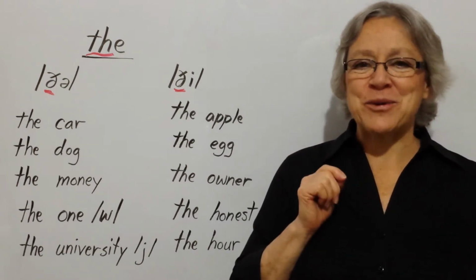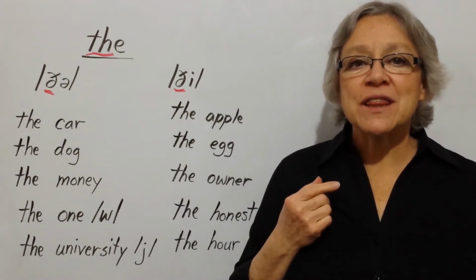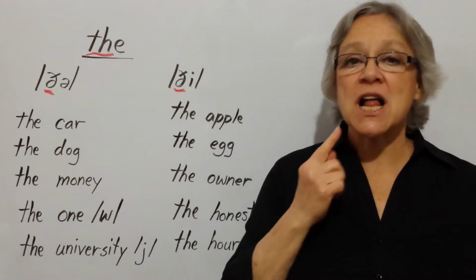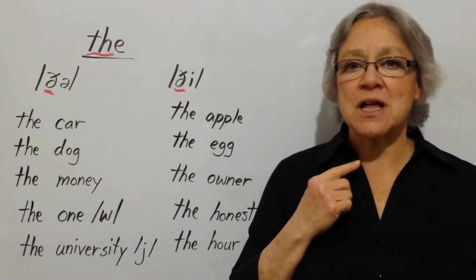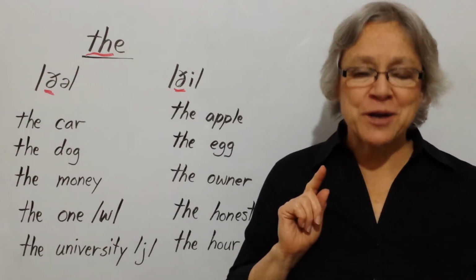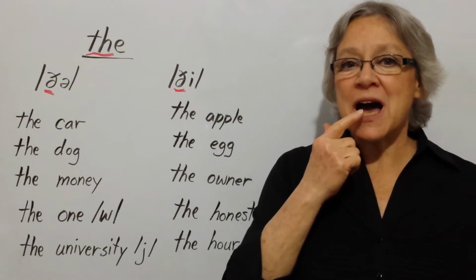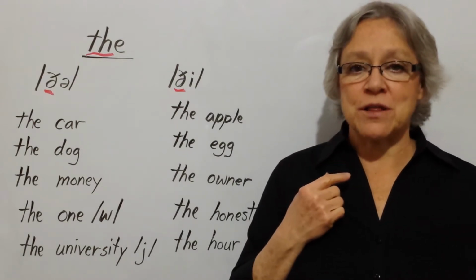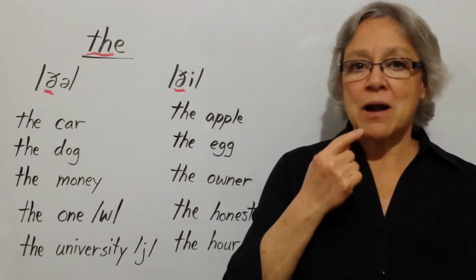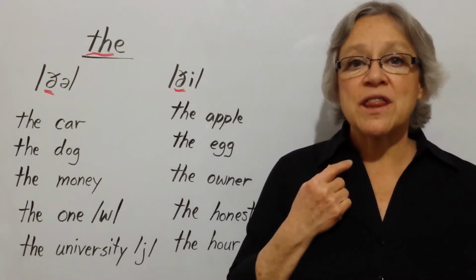It's not an exact amount, okay? But it protrudes a little bit. So it's between the teeth, but the bottom teeth are not really touching the tongue. Just the tongue touches lightly on the bottom of the upper teeth, or sometimes just behind the bottom of the upper teeth. Then we release air over the surface of the tongue, between the tongue and the teeth.